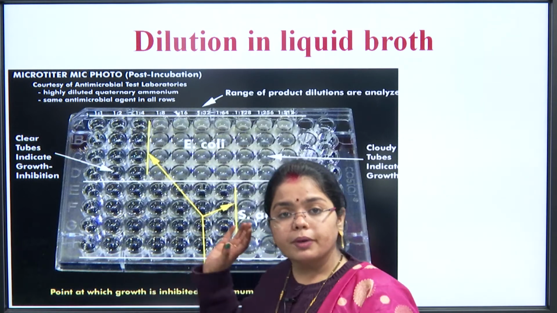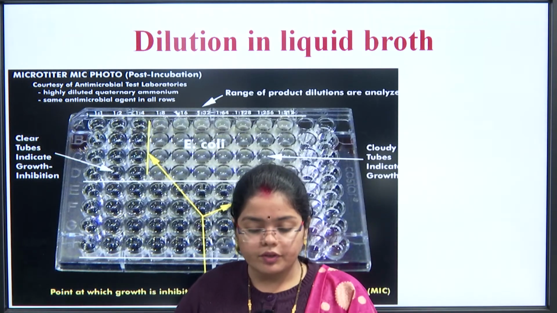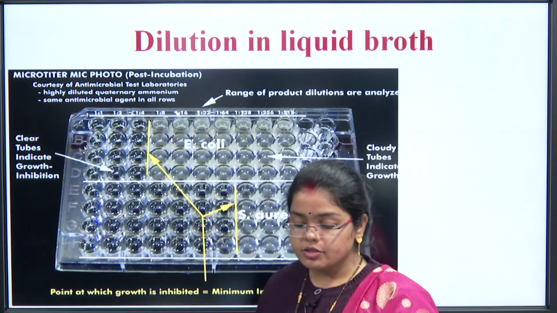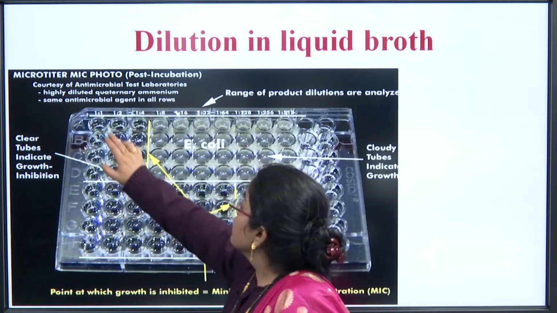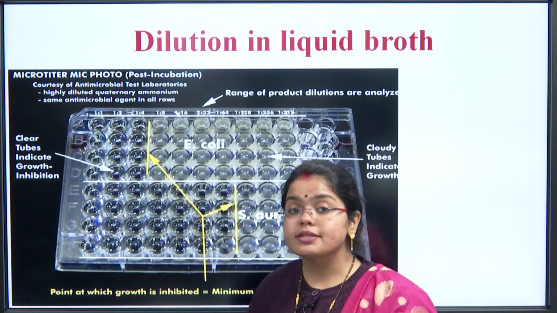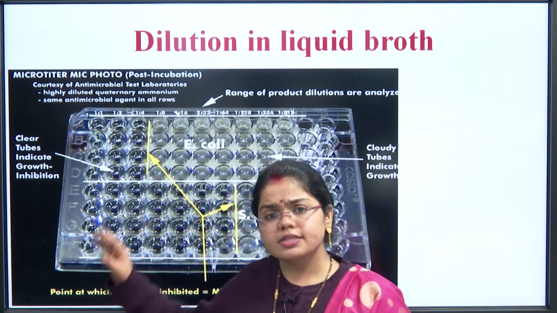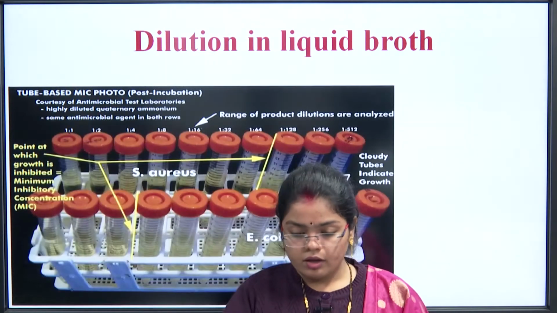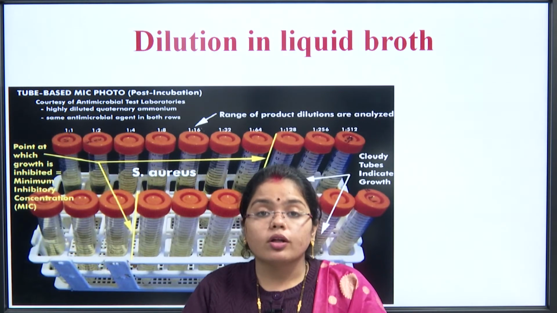This is how the plate looks when we are dealing with liquid broth, and the point at which the growth is inhibited is the point where you can see this area. The turbidity is not there, which means the growth is not there. So, this is the area where the minimum inhibitory concentration can be recorded. How is the dilution in liquid broth done?